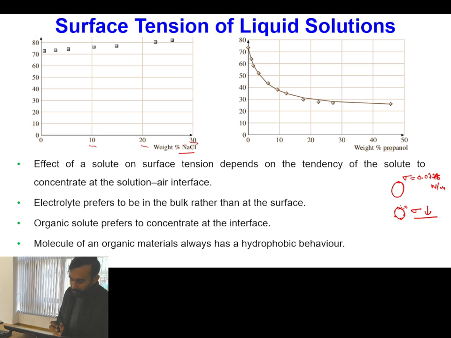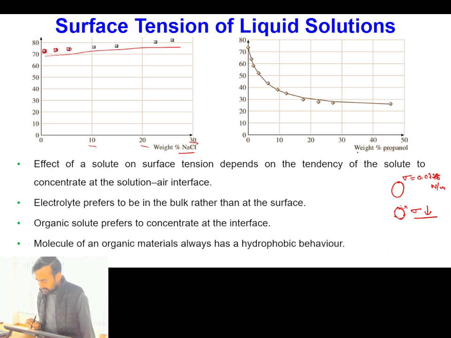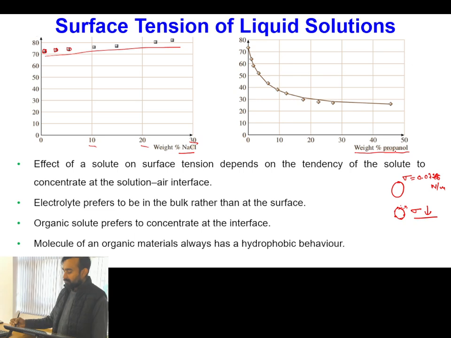And if you observe the value of surface tension, it is almost remaining constant. On the other hand, if instead of NaCl you add propanol to the water, you have a drastic decrease in the surface tension.